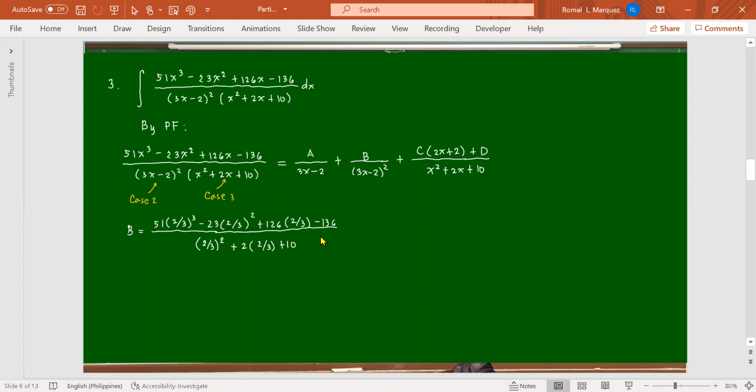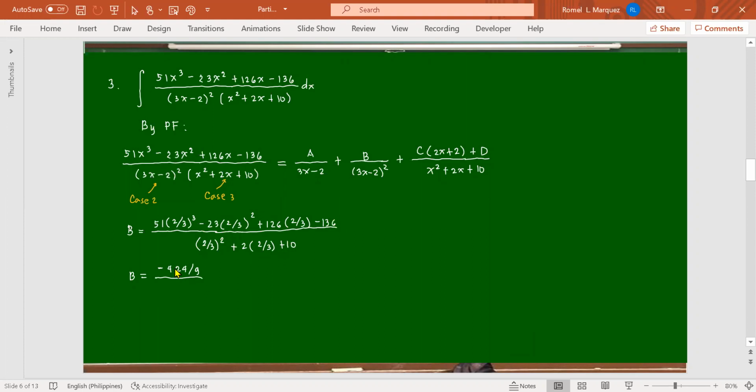So the numerator is negative what? So B is negative 24 over 9. What about the denominator?